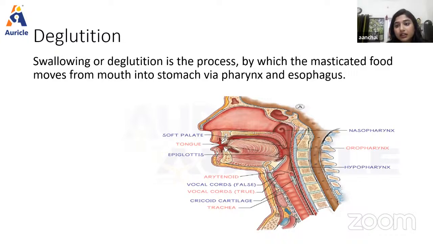As we know, in the mouth we have tongue, saliva, and teeth. Both tongue and teeth help in the chewing of food, which is also known as mastication. So what is mastication? Mastication is the first mechanical process of the GI tract by which the food substances are cut into smaller particles and crushed or ground into a soft bolus.